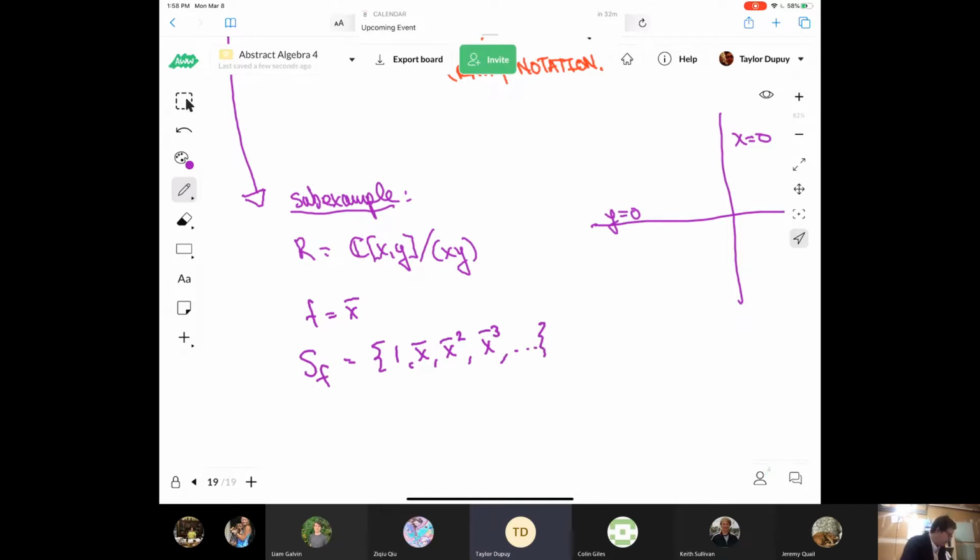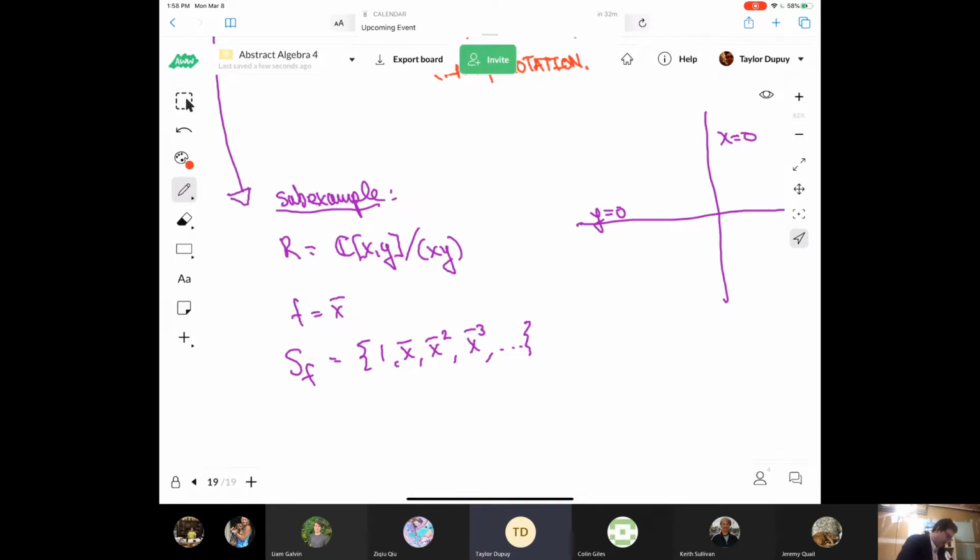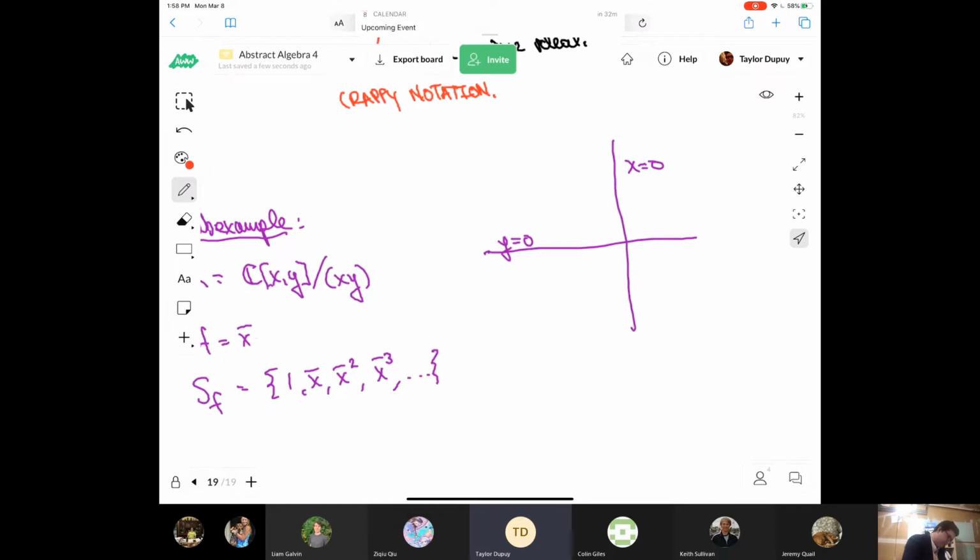Like I said before, we're removing the set where this is 0. This is V of x bar. This is what we're going to remove.